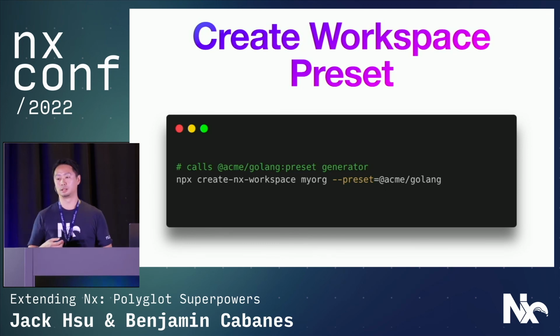If it does, then it will call it. So you can use this to, for example, set up a default project, like an app or lib. You can update configurations and anything else you need to do to make the workspace work for your framework or library. So that's it. Now you can go ahead and program in any language you want.